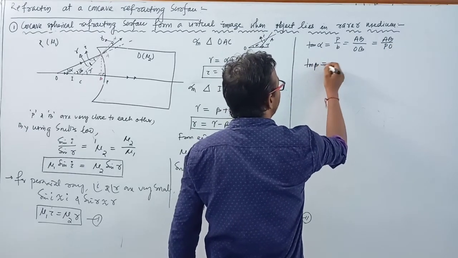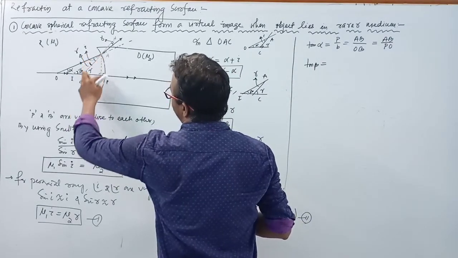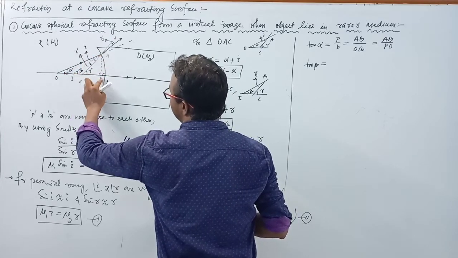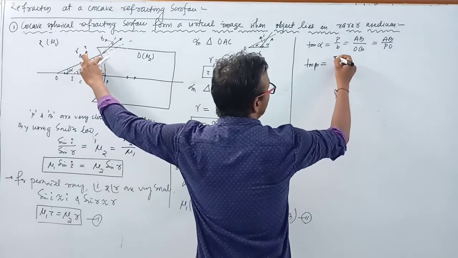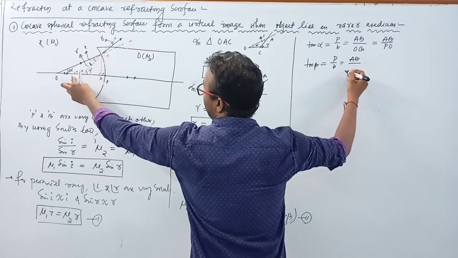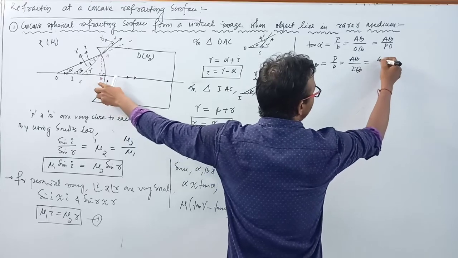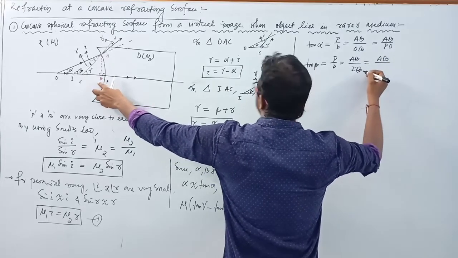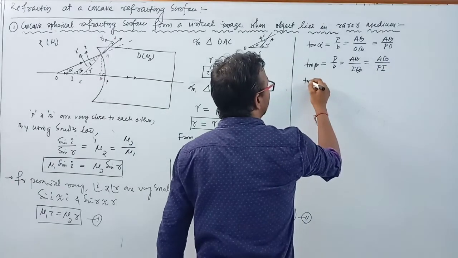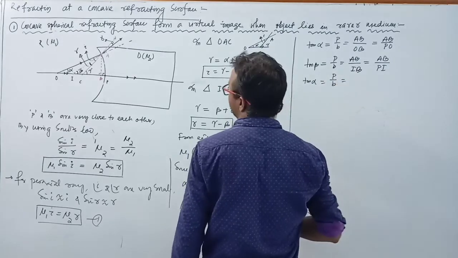Next, that is tan beta, and this angle is beta. Look at the right angle triangle IAB. In right angle triangle IAB, beta is the base angle, IB is the base, and this is the perpendicular. So perpendicular upon base equals AB divided by IB, and B can be replaced in terms of P, so you can write PI. Again, tan gamma equals perpendicular upon base.